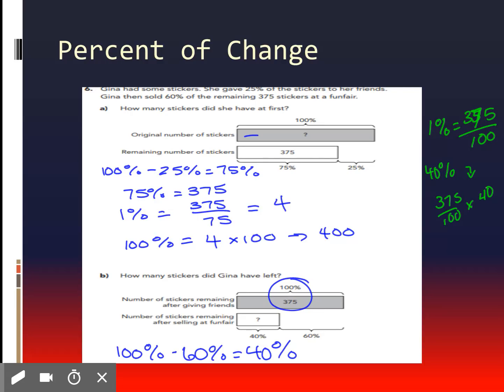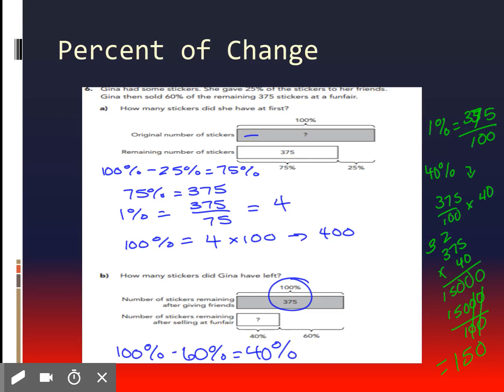So I need to see that 375 times 40 would give us 1,500 over 100. And again, I'll cancel out those zeros to see that she would have 150 stickers left.